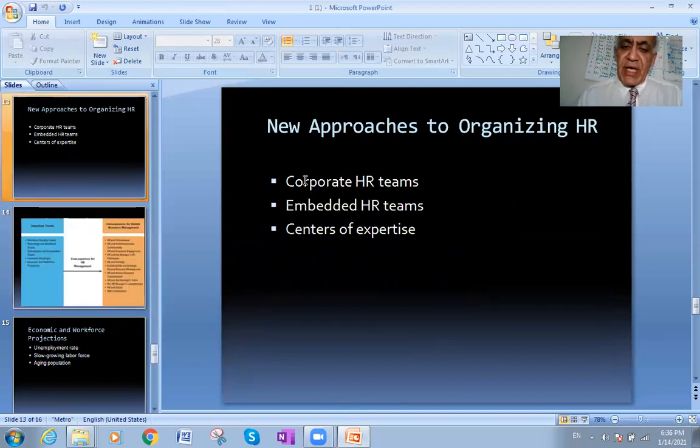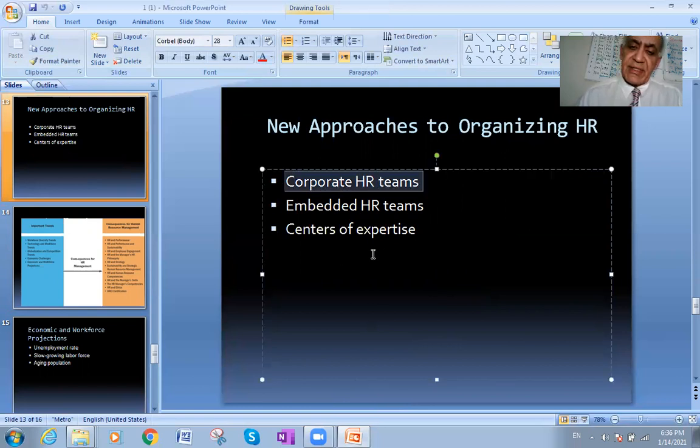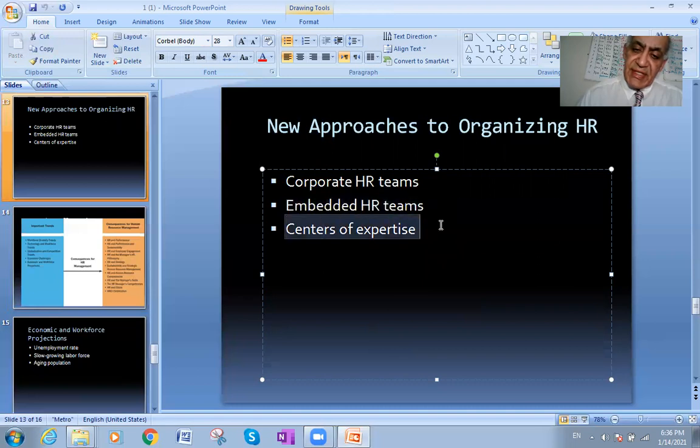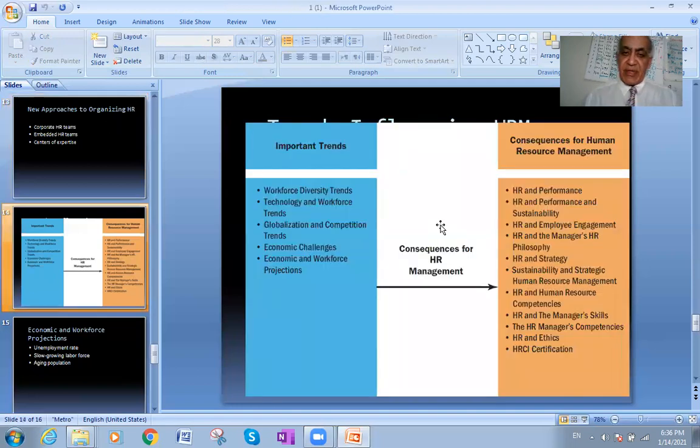Now, nowadays, we have corporate human resource teams, embedded human resource teams, and centers of expertise for the human resource team. Today the whole world is changing. There are new important trends. Workforce diversity. There are places where people are working from all over the world.